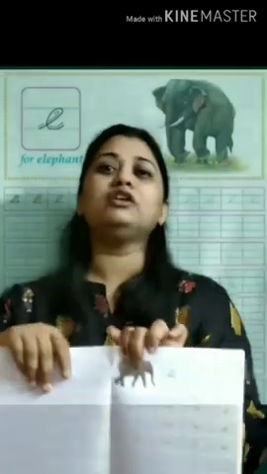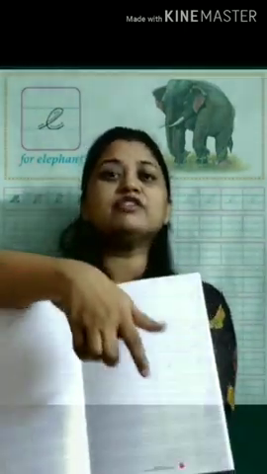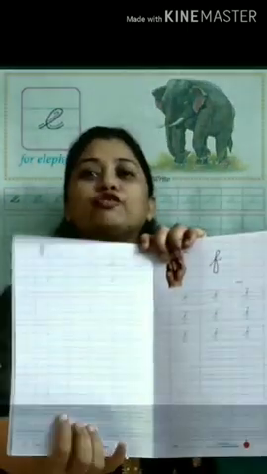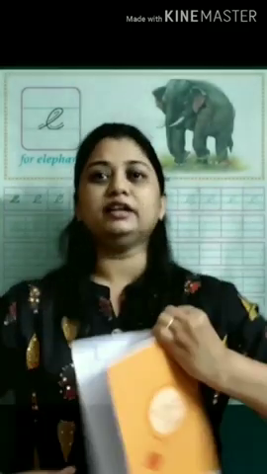First of all, we will trace the E given over here and then we will write below. Once you have done this page, you have to turn it and finish page number 42 of your English workbook as your practice page. Then we will write it in your notebook. Let's start.